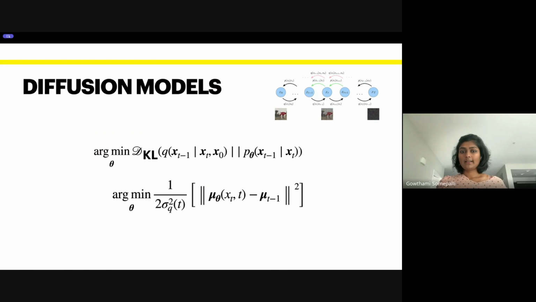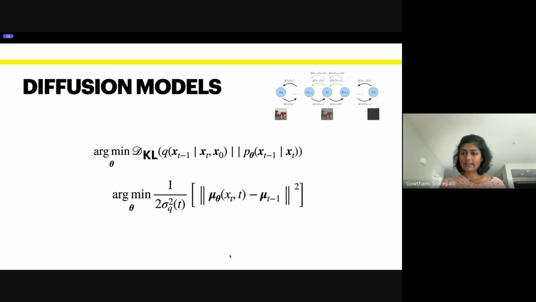Okay, you might be wondering why the variance of this distribution should be the same as this distribution. It doesn't have to be, but this is in our hands. We are defining what p theta is going to be. So we decide, okay, fine, I will keep the variance exactly the same as this distribution so that I will have this simple looking term to optimize.